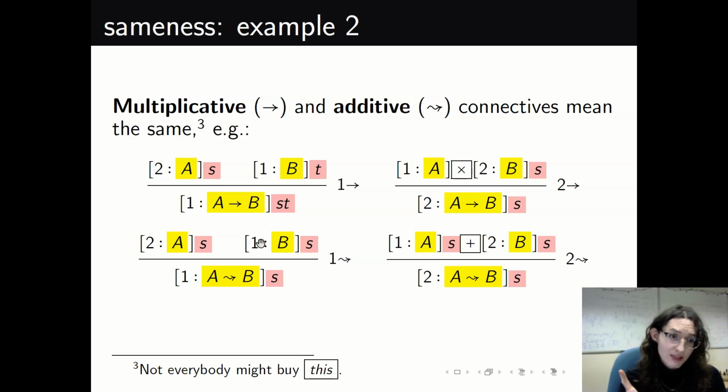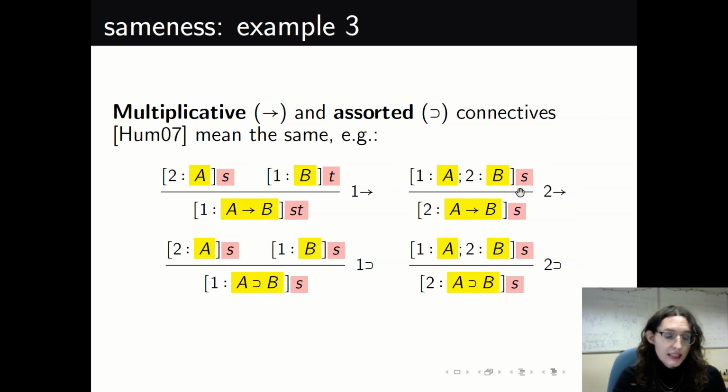However, note, the same reasoning didn't extend to our first component rule. So one thing we might want to do based on this is we might just want to keep the multiplicative rule in the second component, but move to the context sharing, the additive rule, in the first component. So this is a mixed connective, what we see here as the horseshoe connective, and that's called assorted in the terminology of Humberstone.